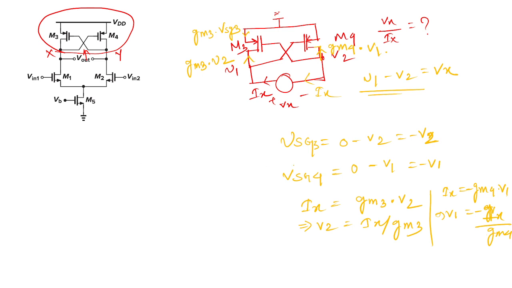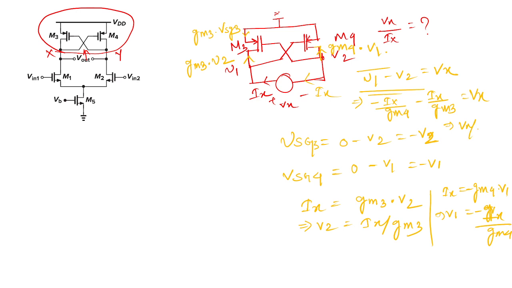Now from this equation, you can replace the values of V1 and V2: minus Ix/gm4 minus Ix/gm3 is equal to Vx.